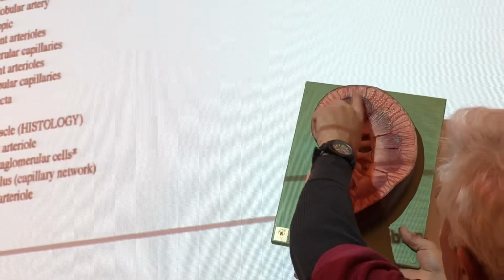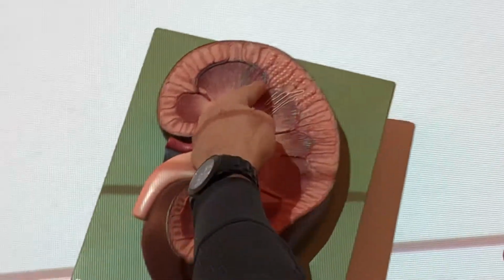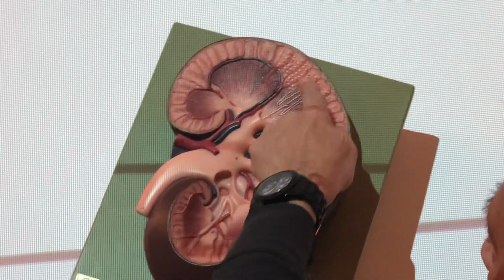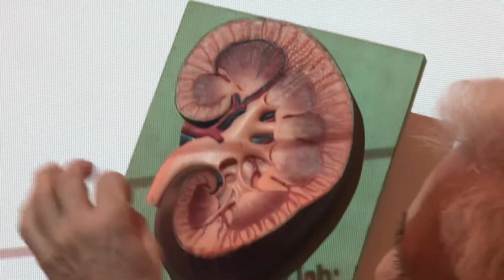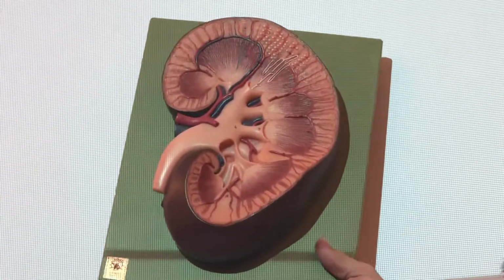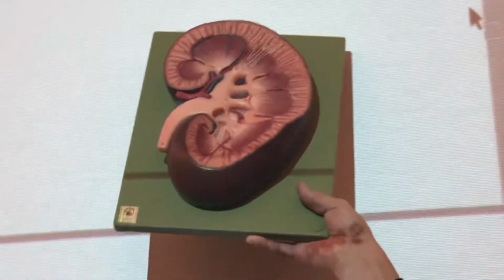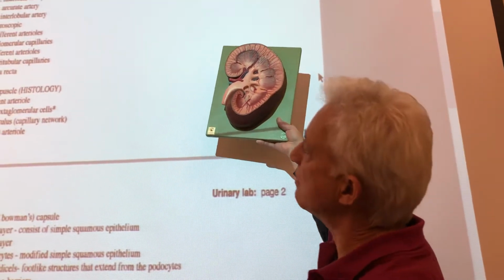Then when you arc around, makes sense, it's the arcuate. And then when you go up and into the cortex, then you're the interlobular, okay? So, but really the only thing you get confused is lobar and lobular, but just make sure you make that distinction. The rest of it is pretty intuitive.